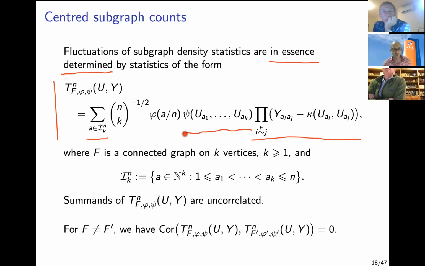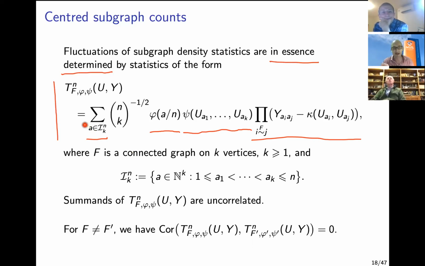In front of here, we need to allow for general functions of the vertex labels, and we've added a test function, or a weight function, that will help us describe the white noise field that we're getting. As we did before, we integrate against a test function. That'll be this weight function. So again, these statistics determine, in essence, the subgraph densities, all of them, jointly.